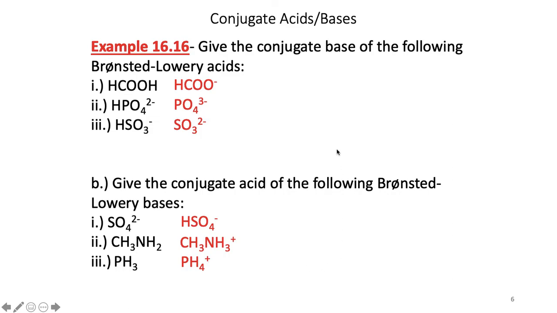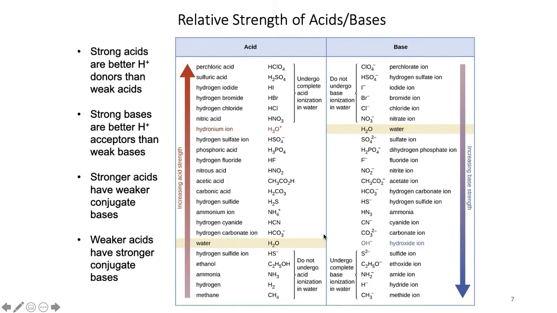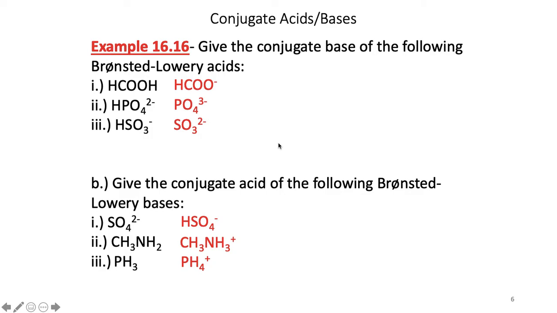That is just a little bit of practice on how to write conjugate acid-base pairs. It's not that difficult to write them this way, but it's a little more difficult if you actually have the full equation where you have two acid-base pairs. So let's do some practice with those and figure out which ones are acting as bases and which ones are acting as acids. And then the opposite is going to be the conjugate acid, conjugate base for those.